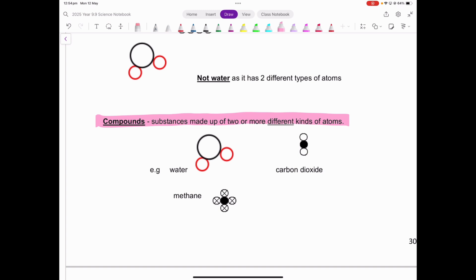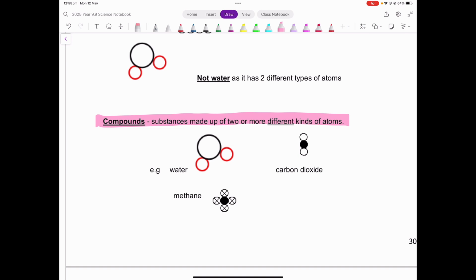Carbon dioxide, I've got 1 carbon bound to 2 oxygens. Methane, I've got 1 carbon bound to 4 hydrogens. So how many atoms do I have altogether in methane? 5. How many different types do I have? 2. So, because I've got 2 or more different types of atom, it is going to be a compound.